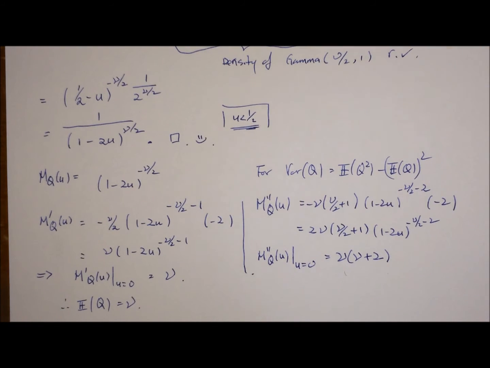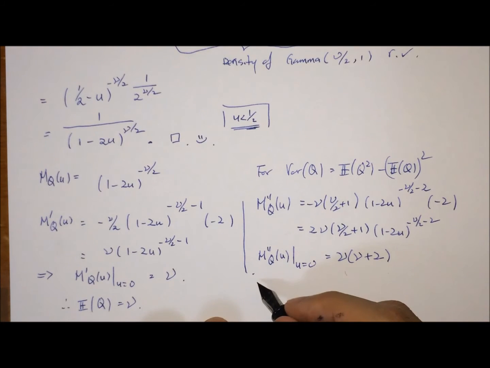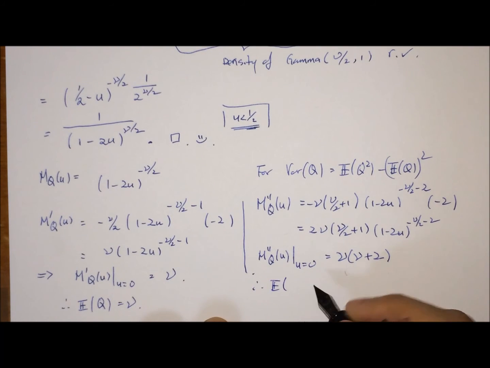So let me just check whether I got this right. Let's have a look. Okay, not yet, since I forgot to subtract the expectation, right? So therefore, expectation of Q squared is equal to nu squared plus 2 nu, right?